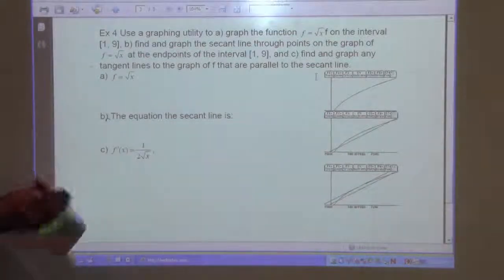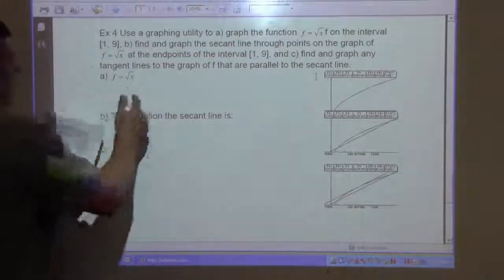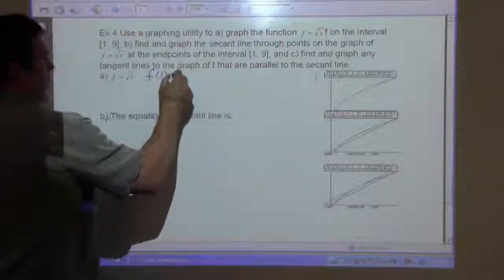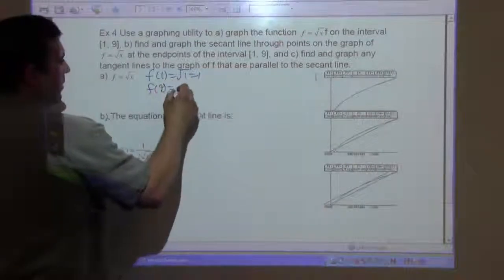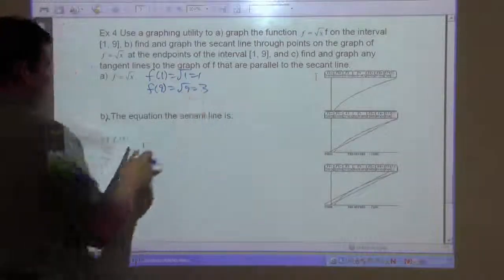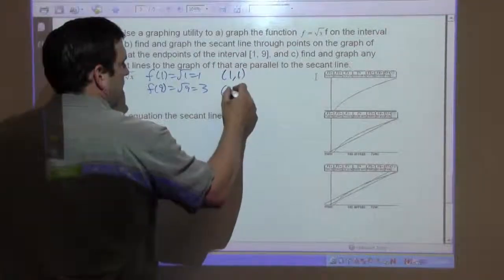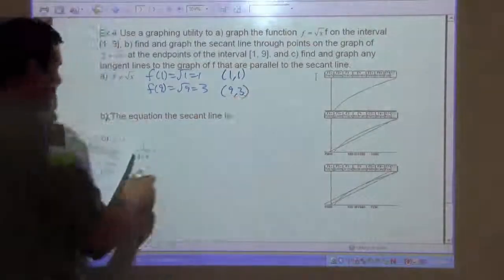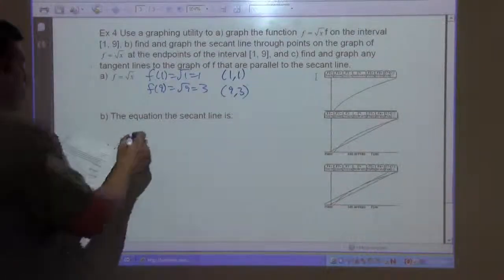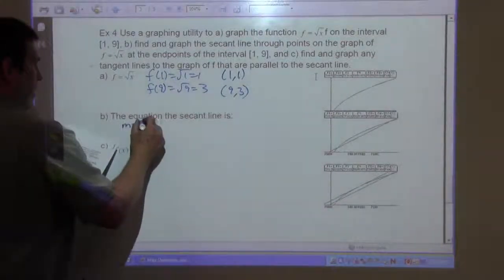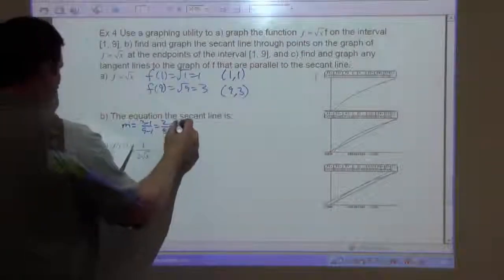Okay, so I can make the graphing utility do that, but let's do this by hand. So first of all, f of 1 is the square root of 1, which is 1. f of 9 is the square root of 9, which is 3. So we're at (1, 1) and (9, 3). So our slope is going to be 3 minus 1 over 9 minus 1. That's 2 over 8, or 1/4.